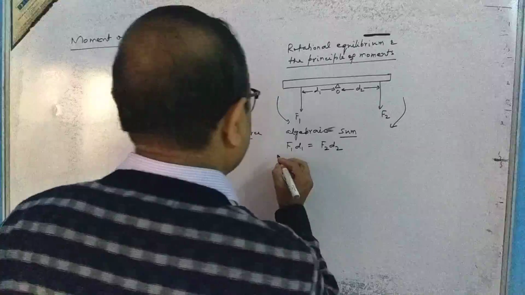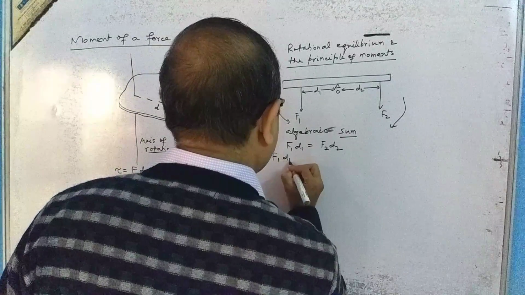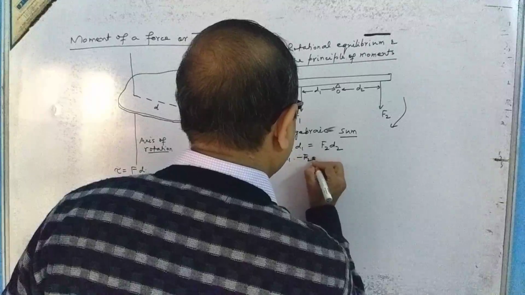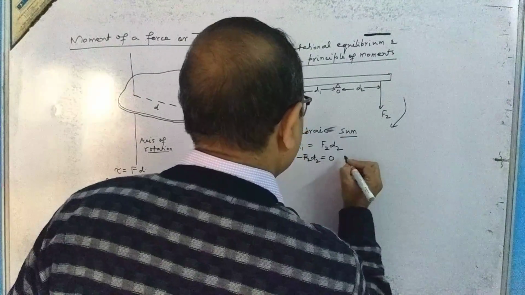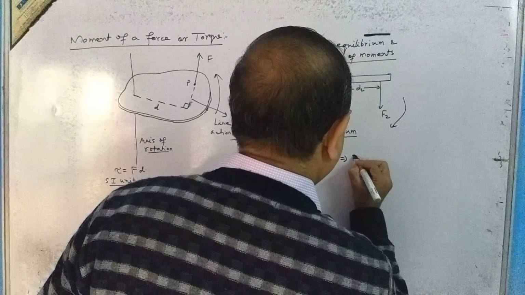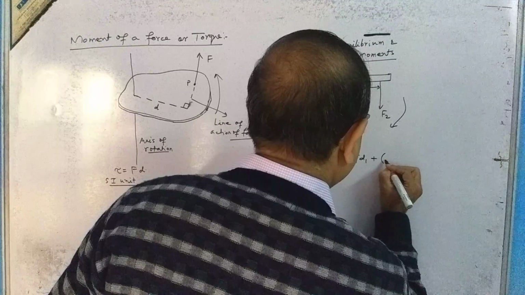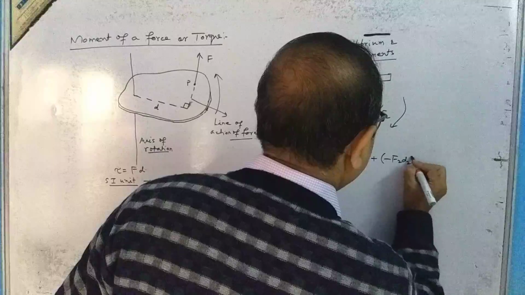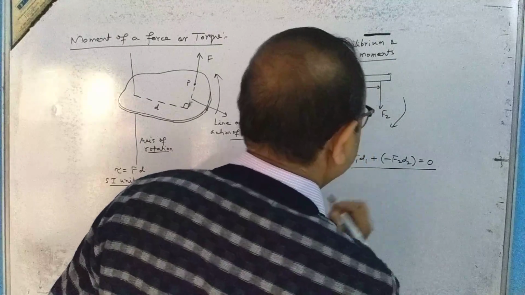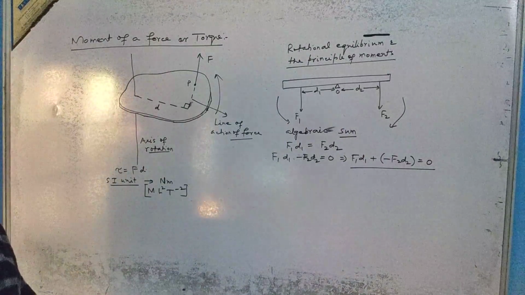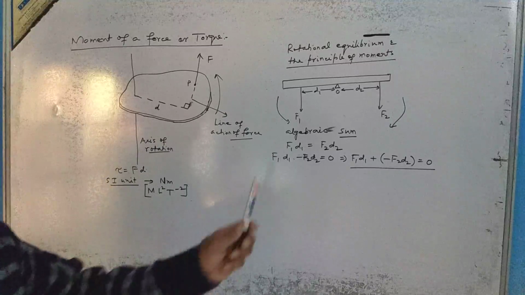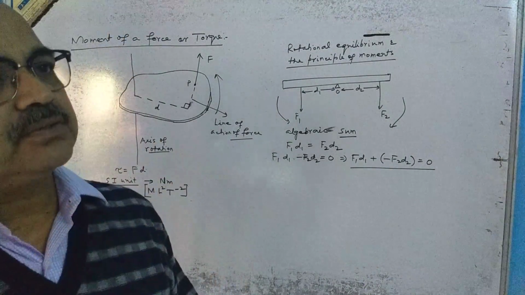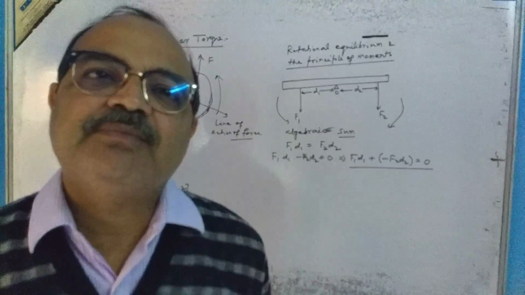Or you can say F1 d1 minus F2 d2 should be 0, which implies F1 d1 plus or minus F2 d2 is equal to 0. It is the algebraic sum. What is the difference between the normal sum and the algebraic sum?